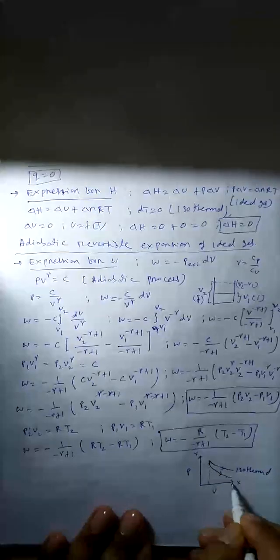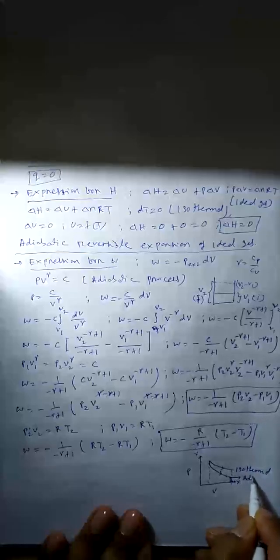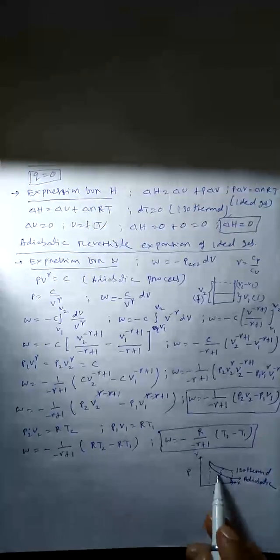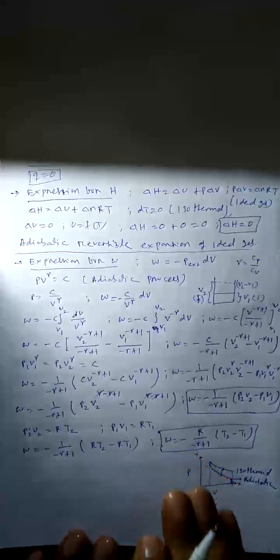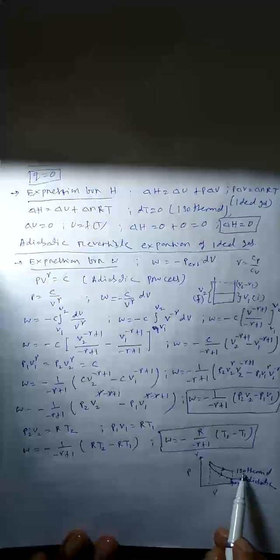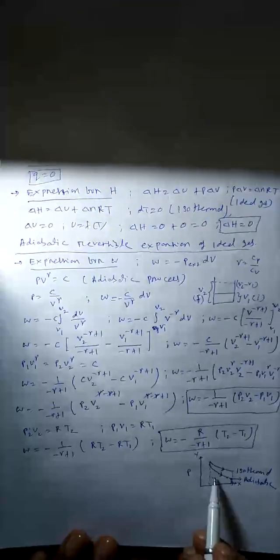Second one is adiabatic, first one is isothermal. Adiabatic is slightly less than that of the isothermal. Whatever the value of isothermal, adiabatic is slightly less. So in the case of adiabatic, we get this lower one.